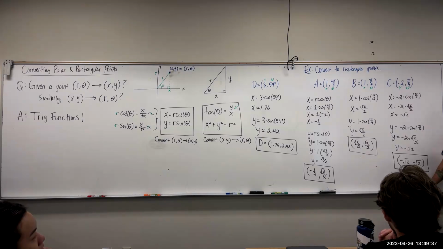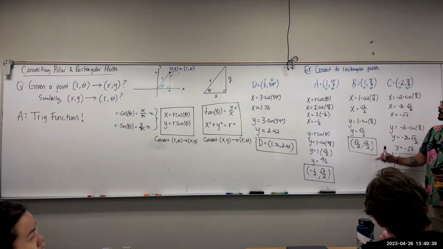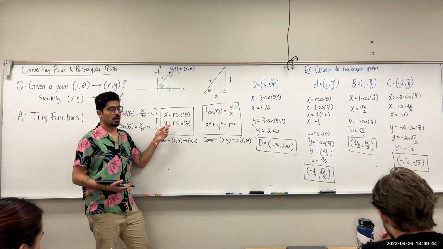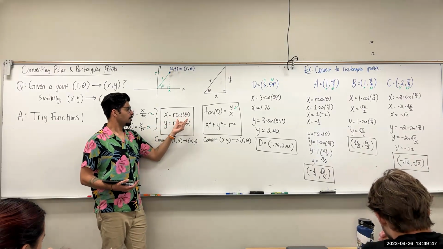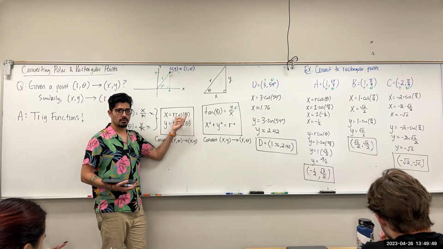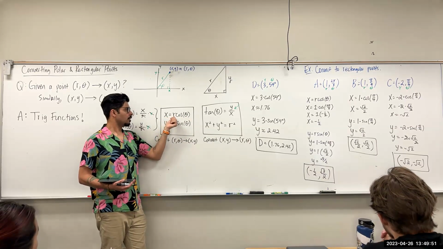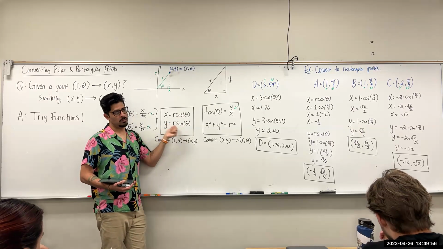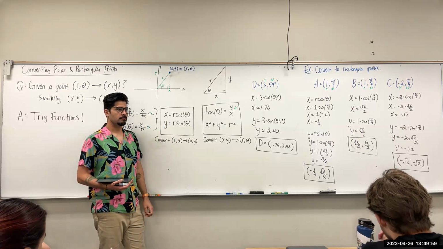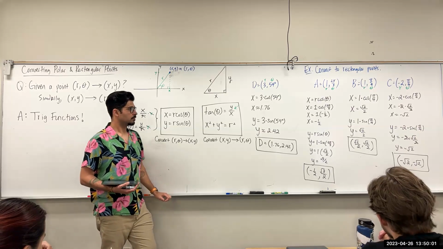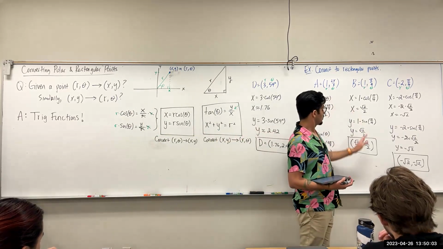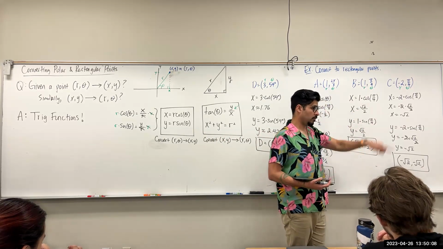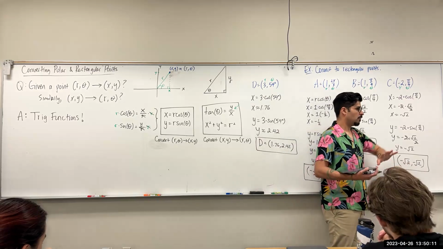Because if I ignore the r, cosine of pi over 4 and sine of pi over 4 are the same, root 2 over 2. So x will always just be r times root 2 over 2. And y will be the same thing, r root 2 over 2. So yes. Okay, so that's why for the ones that have 1, the points are on the unit circle, but if it's not, they're farther away. Correct.